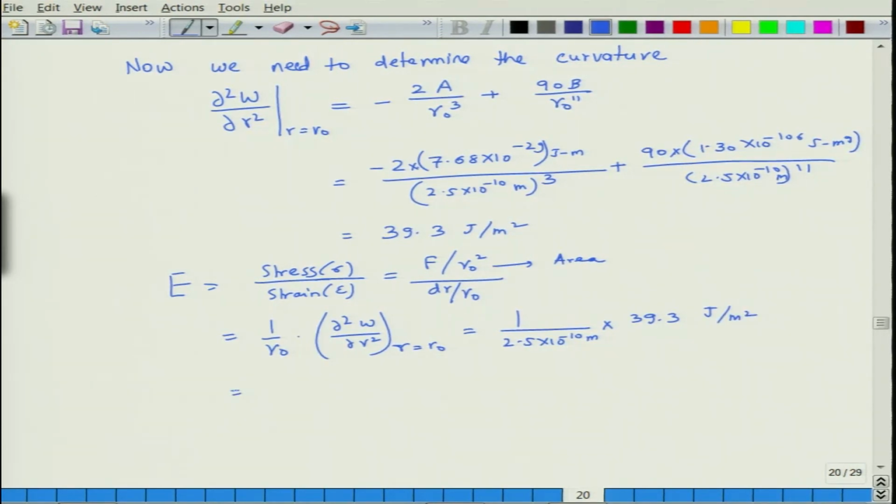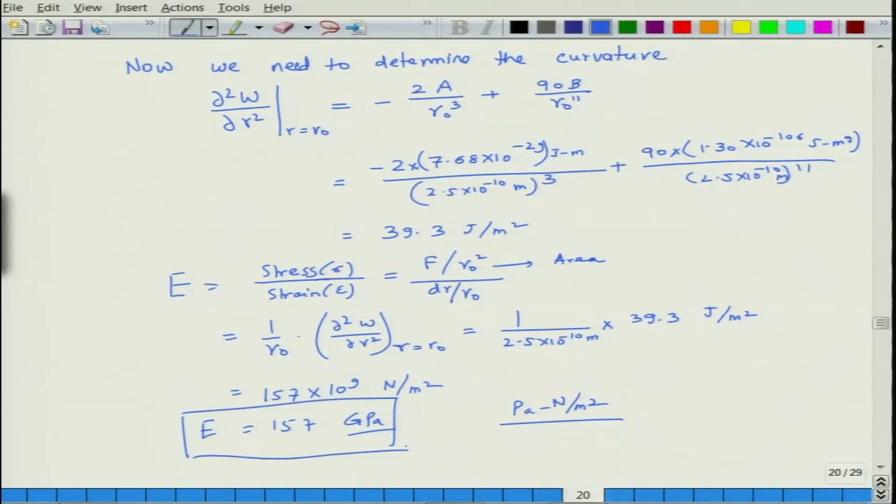So this will become 157 into 10 to the power 9 Newton per meter square, or 157 GPa. 1 Pascal is equal to Newton per meter square. Pascal is the more conventional unit to represent modulus or stress. So modulus is calculated as 157 gigapascal, as we have seen from this data.